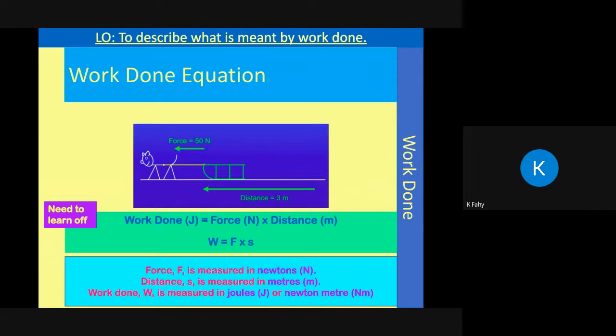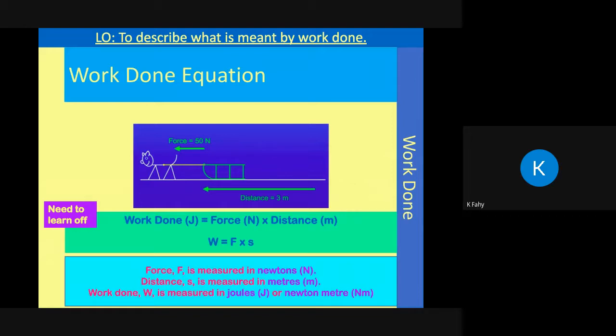So force, we use the symbol F and we measure that in newtons. Distance, we use the symbol S and we measure it in meters. Work done, we use the symbol W and we measure it in joules, or as we said, newton meters, which makes sense because we're multiplying newtons by meters.